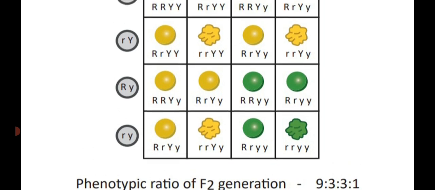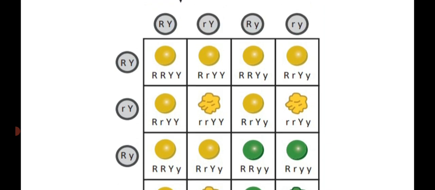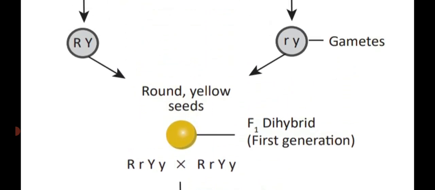So this is Mendel's dihybrid cross, which is inherited with 2 pairs of contrasting characters, which exhibits different characters in the F2 generation, but the F1 generation shows only the dominant character. That is the dihybrid cross of Mendel.